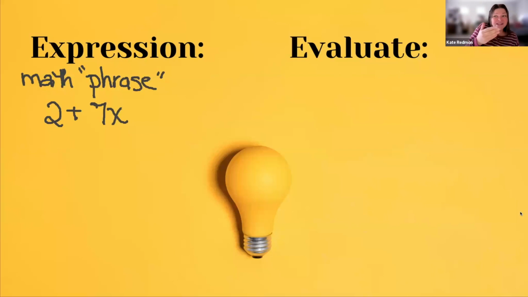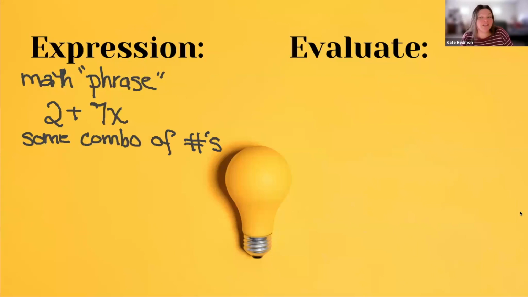I have 2 plus 7x, but I don't know if it's equal to 14, if it's less than 11. I don't have a lot of information about it, but there it is, just sitting there, that kind of mathematical item. And so you'll probably see it defined as some combo of numbers. Now, it could just be really simple. So like 5 is an expression, but it could have more.